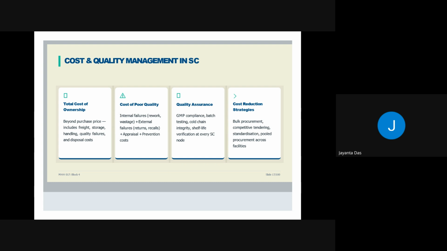Cost of poor quality, that is internal failures, rework, wastage, and external failures, which are returns and recalls, plus appraisal and prevention costs. Another is the quality assurance, that is good manufacturing practice compliance, batch testing, cold chain integrity, shelf life verification at every supply chain node, and cost reduction strategies, that is bulk procurement, compliant competitive tendering, standardization, pooled procurement across the facilities.